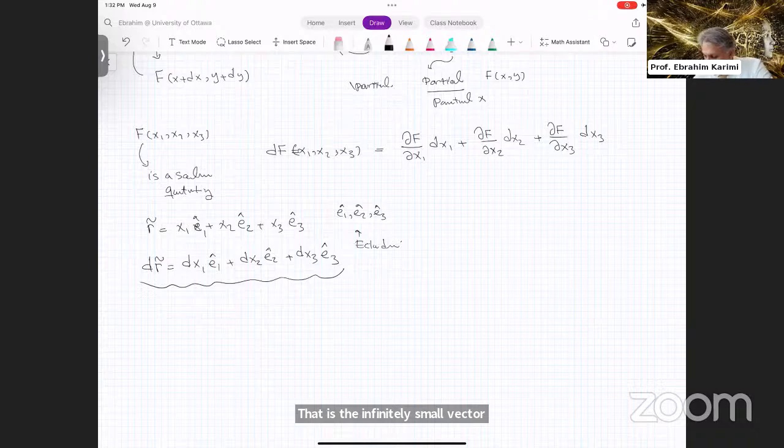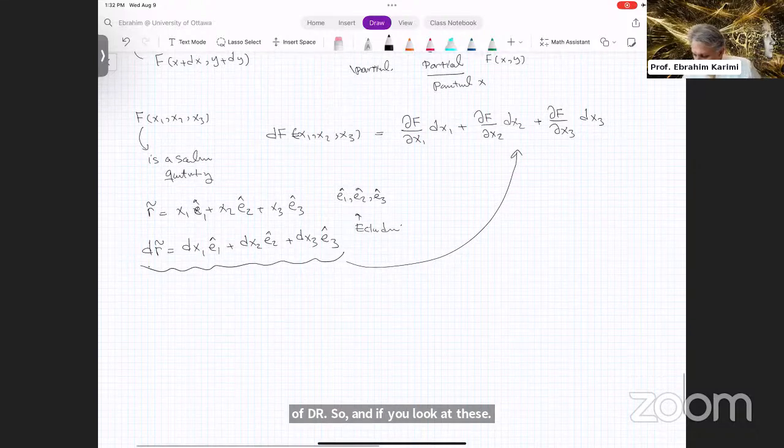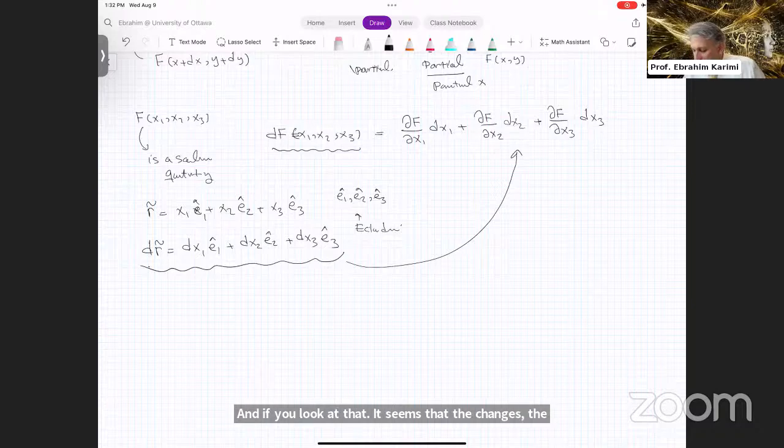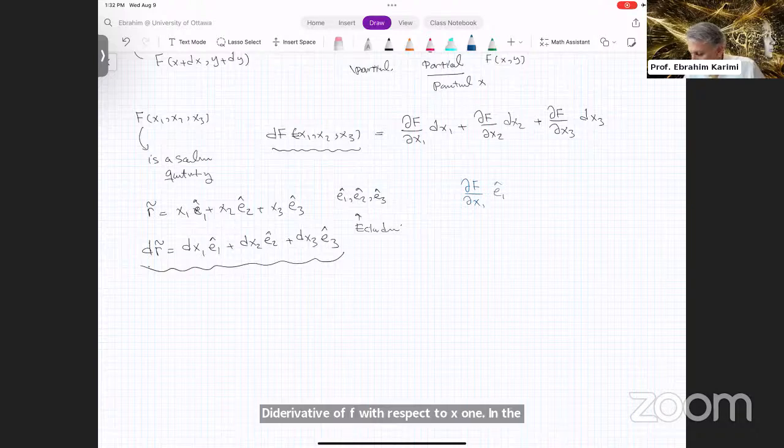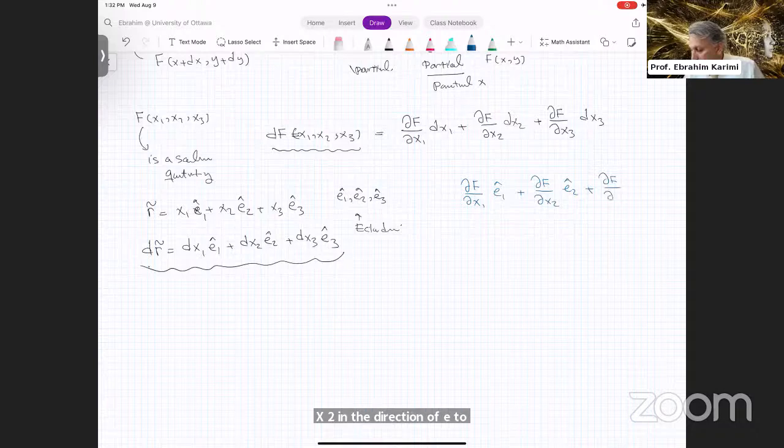So, if you look at this, and if you look at that, it seems that the change, the derivative of the function f, is somehow introducing a new vector. And what is this new vector? It is the vector of the derivative of f with respect to x1 in the direction of e1, the derivative of f with respect to x2 in the direction of e2, the derivative of f with respect to x3 in the direction of e3.